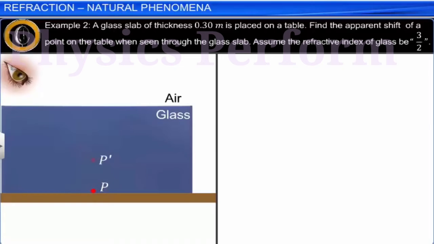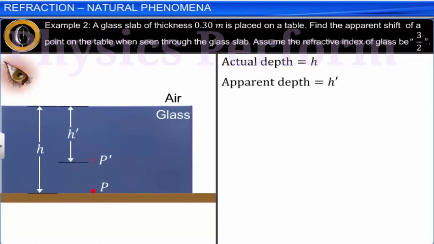Let the actual depth of point P be h and its apparent depth be h'. Then, the shift in the position of P is h minus h'. We know that the refractive index n of the glass is equal to h by h'. This can also be written as 1 by n is equal to h' by h.